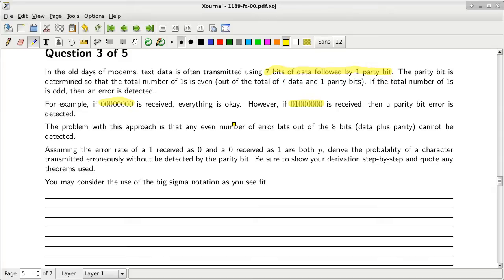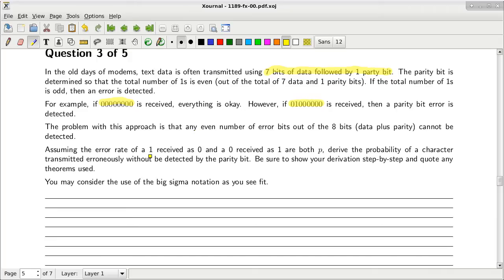As you can see, this type of error checking is not very reliable, because if you have 2 bits that are received incorrectly, they would quote unquote cancel each other out, and as a result, the problem would not show up. It would not be detected by this parity bit mechanism.